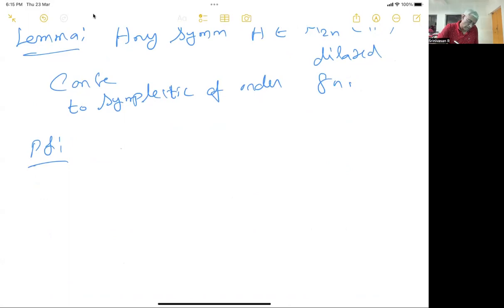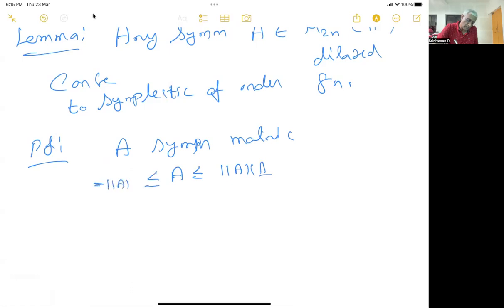Proof. So what we do is the following. Notice that any symmetric matrix A satisfies this operator inequality: A is less than norm A times 1, and greater than minus norm A times 1.